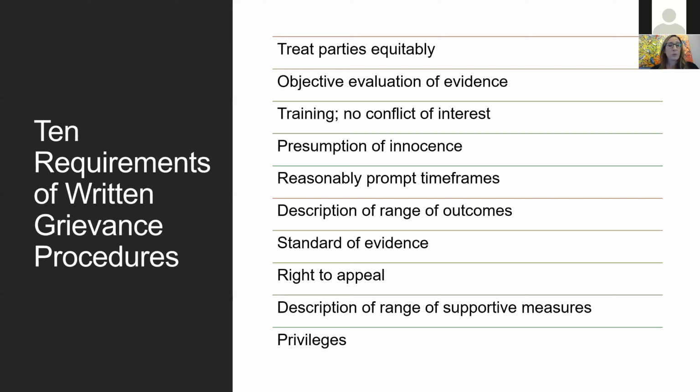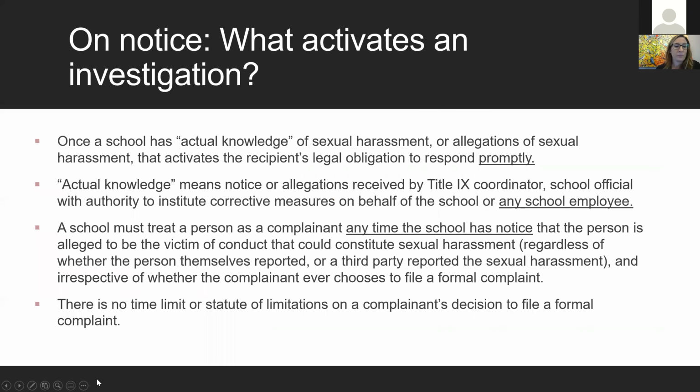We need to have reasonably prompt timeframes, and they don't define that for us. Again, who is a reasonable person? What are reasonably prompt timeframes? That is for each LEA to decide. Providing a description in your grievance procedures of a range of outcomes, a standard of evidence. We'll talk about what that means, a right to appeal, a description of a range of supportive measures and privileges.